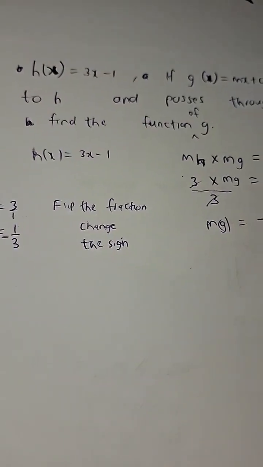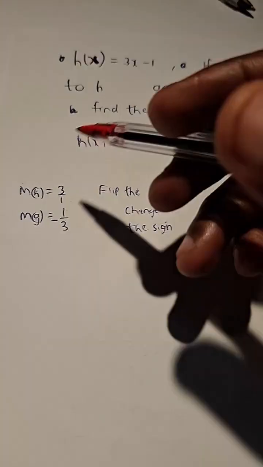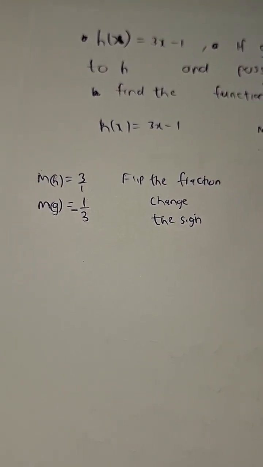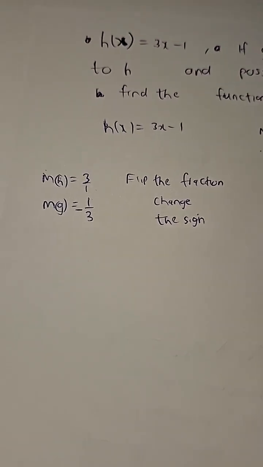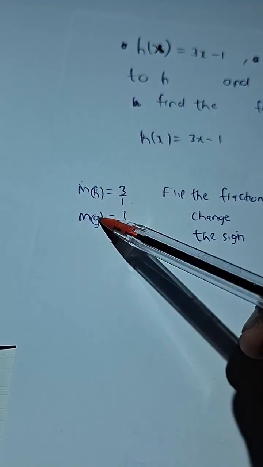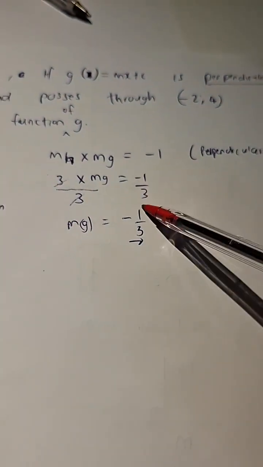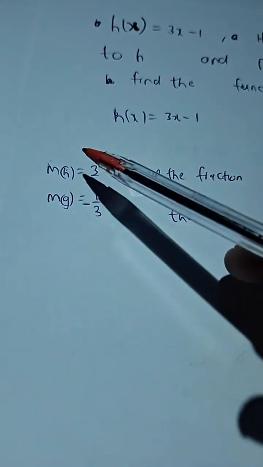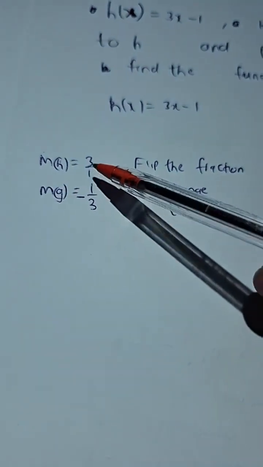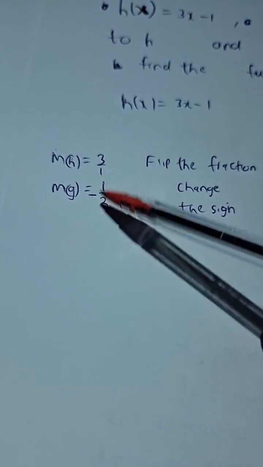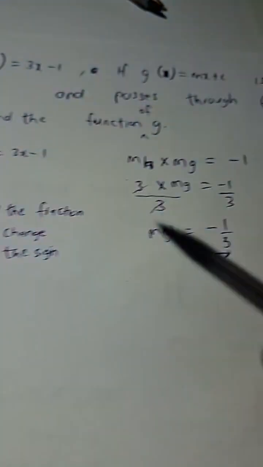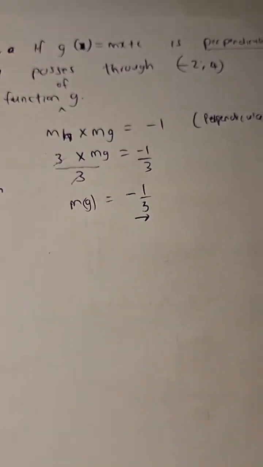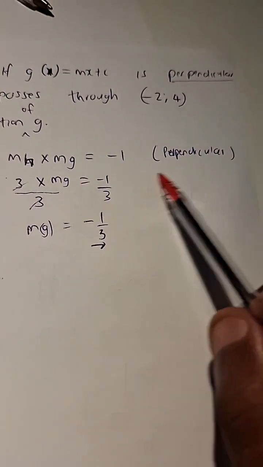So yeah, guys, you flip the fraction, you change the sign, right? So doing this is also fine. If you simply just write the gradient of g instead of working it out, it's 100% correct to go ahead and do that. Remember, the reason why you say the gradient of g is flip the fraction, change the sign, is because you know that the product of gradients equals -1.